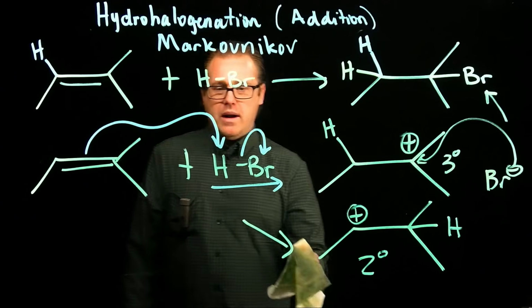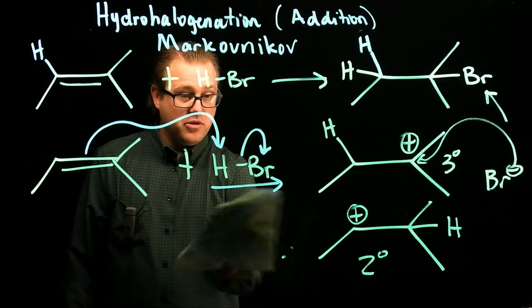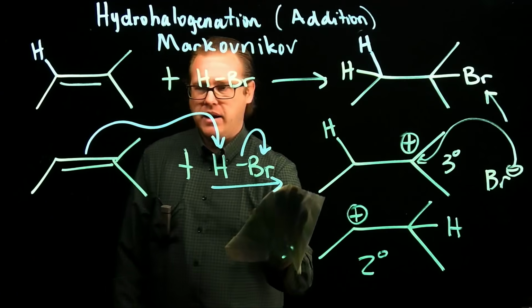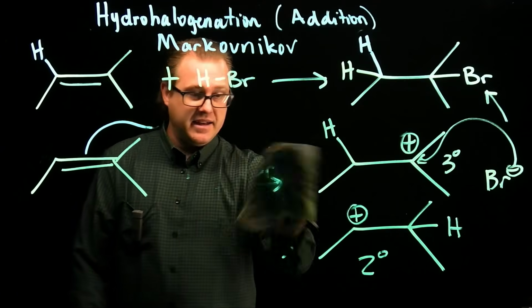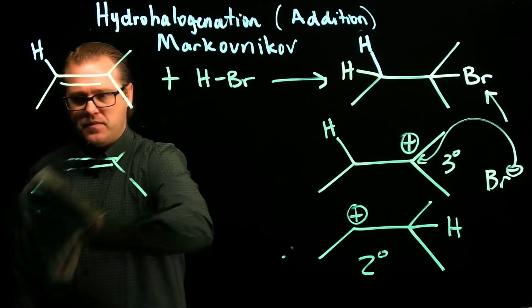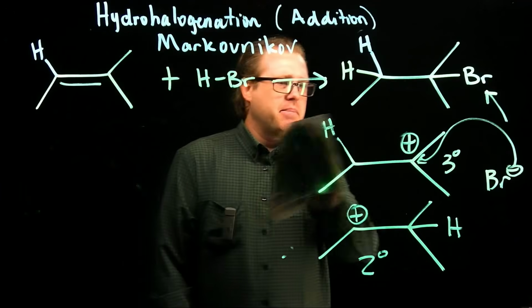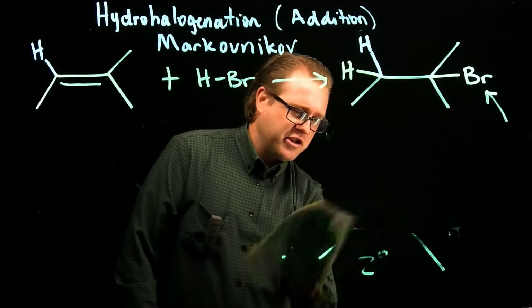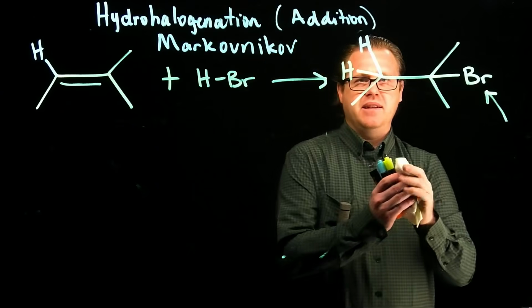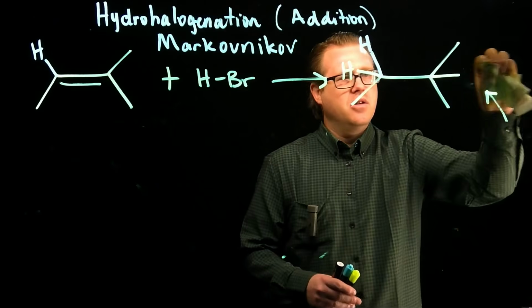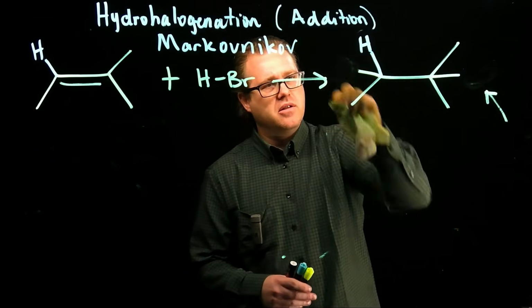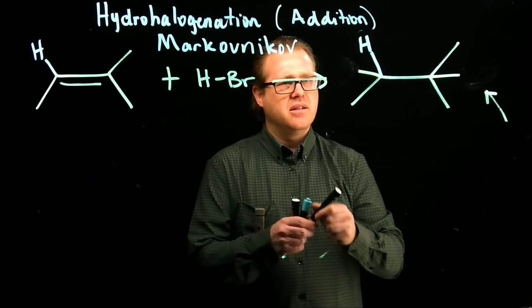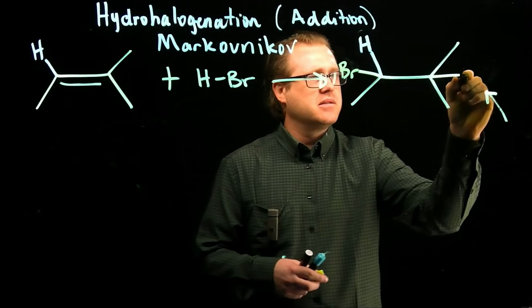Now, when other people tried to do this reaction and validate Markovnikov's rule, there were a lot of discrepancies. Some researchers found the opposite effect. What they found was that, hey, it was actually like this.